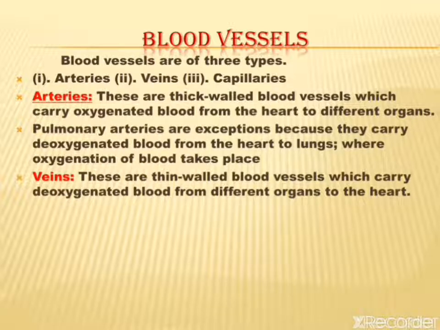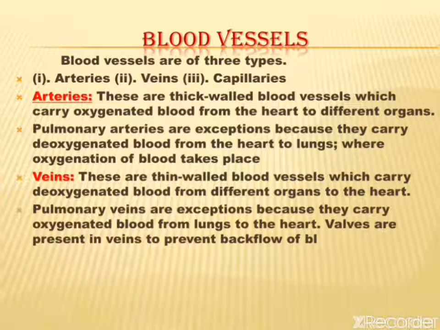It is because the blood flows in them with low pressure. They generally carry deoxygenated blood, and they carry the blood from different parts of the body to heart. Pulmonary vein is an exception because it carries oxygenated blood from the lungs to heart.